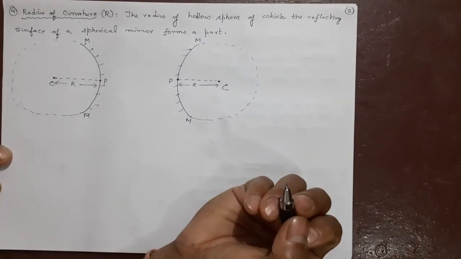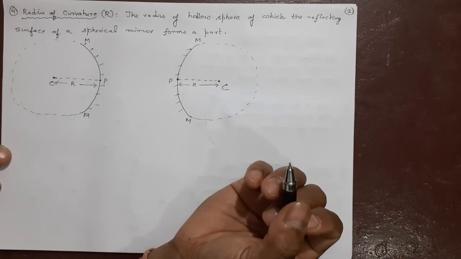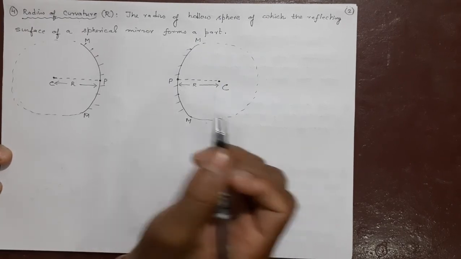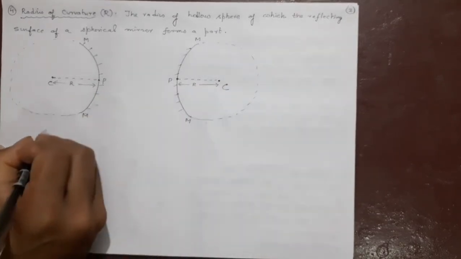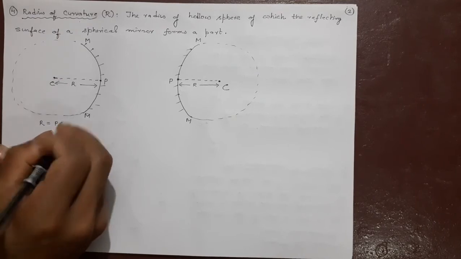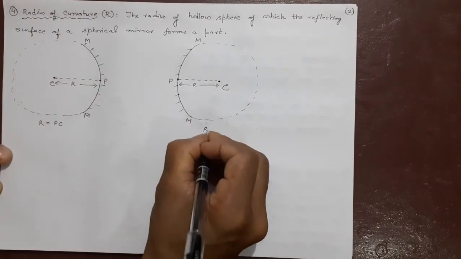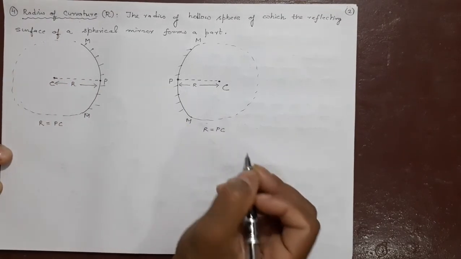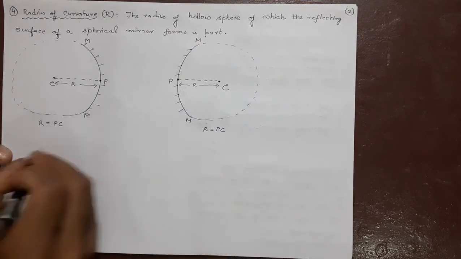So this is how you can show it in both of them. This is the radius of curvature, and the radius of curvature is nothing but r equal to what? The distance PC. Here also r equal to PC. Radius of curvature is that PC distance.